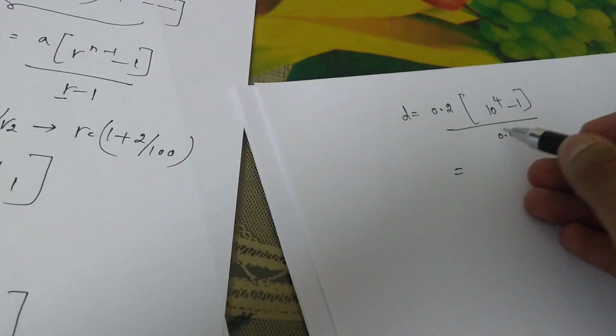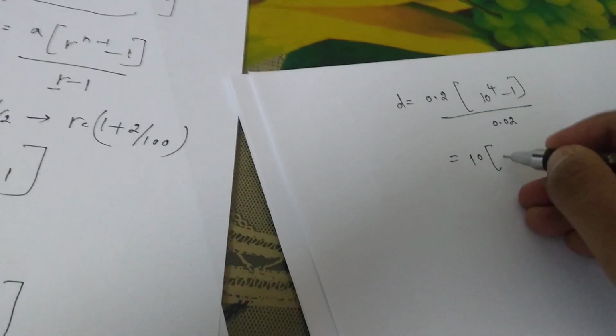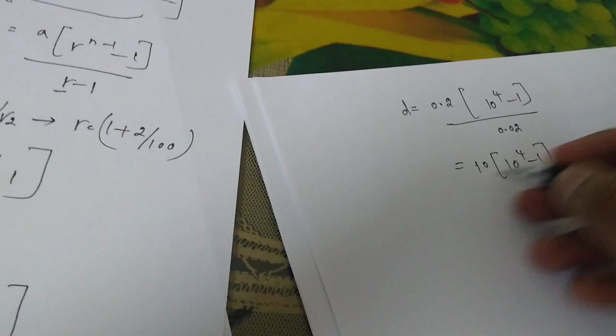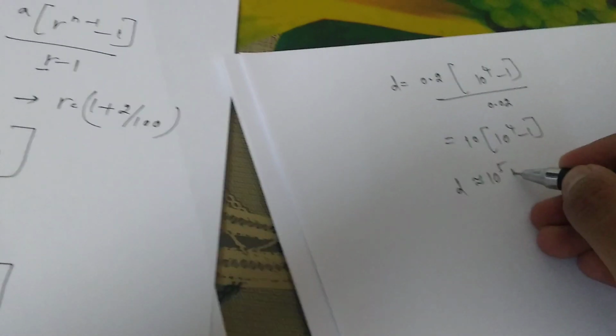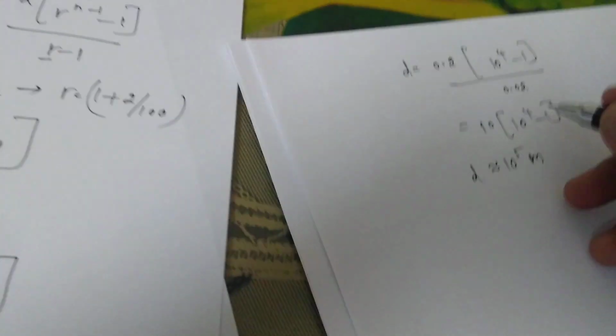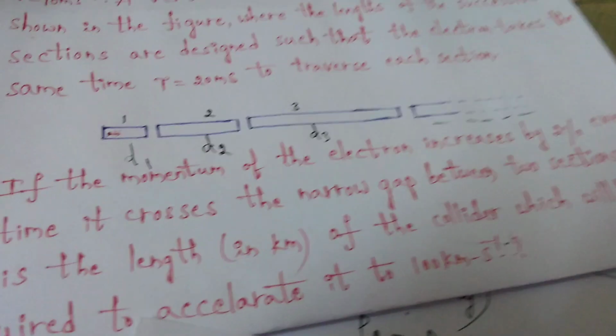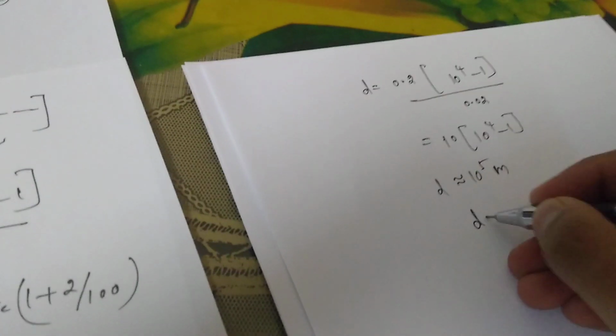This is approximately 10 to the power of 5 meters. But they have asked for the length in kilometers, so we have to convert this into kilometers. D equals 100 kilometers.